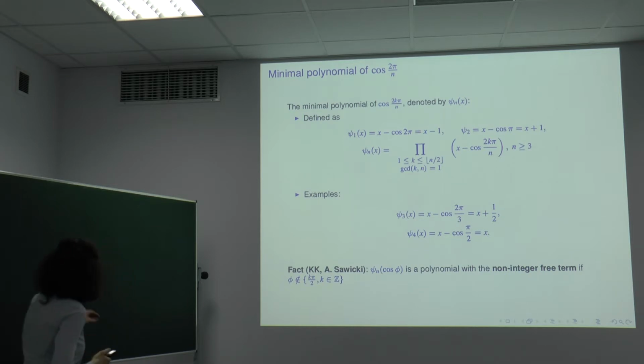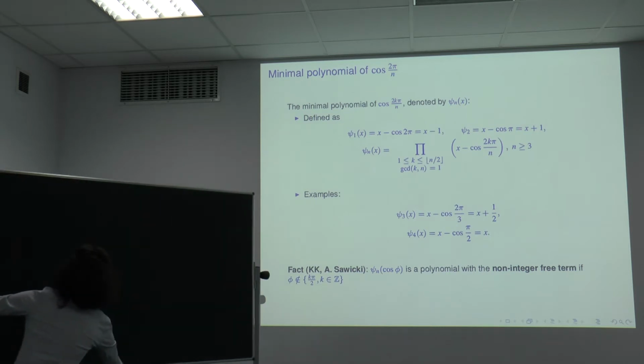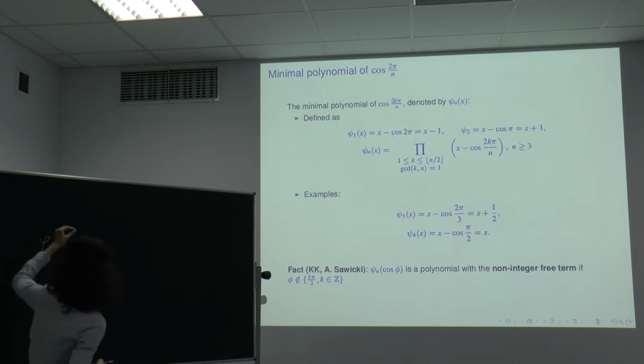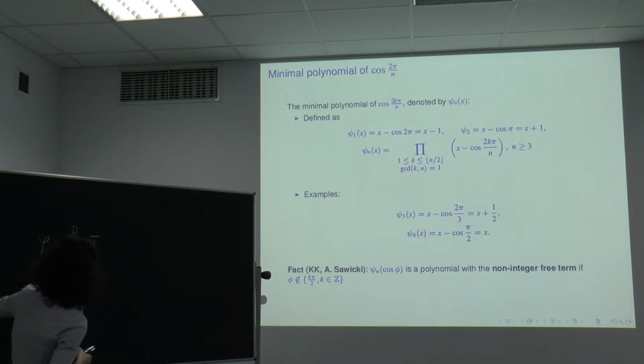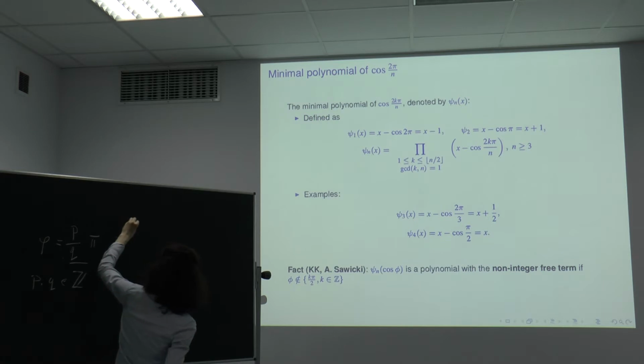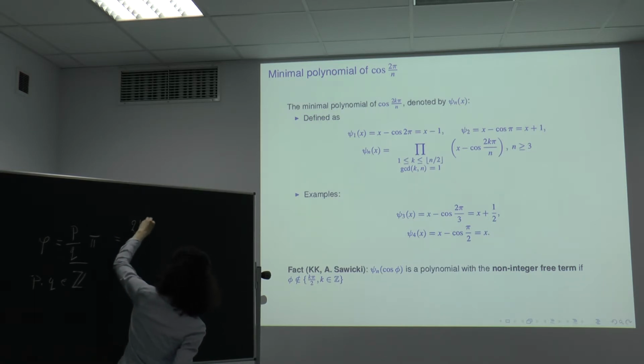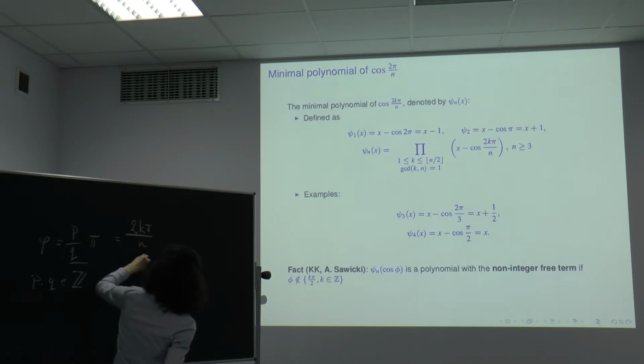Note that every angle phi which is a rational multiple of pi can be written as p pi over q, where p and q are integers. However, this expression can be rewritten as k pi over n, where k and n are coprime numbers.